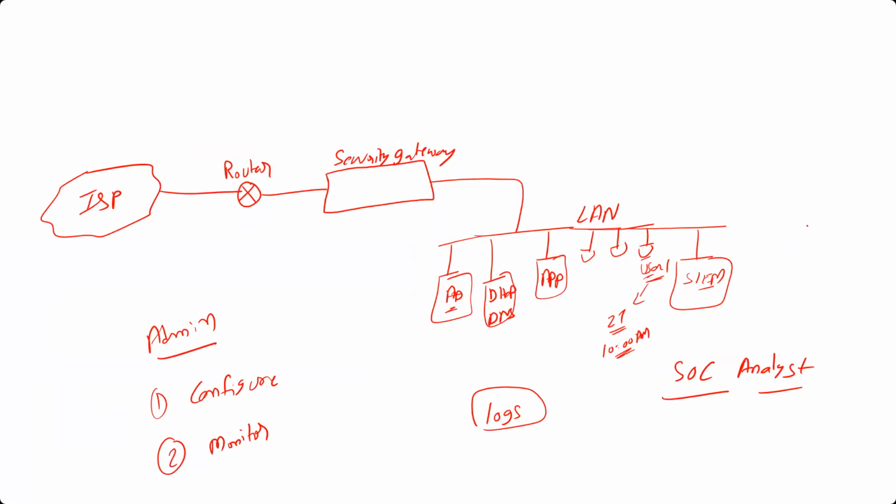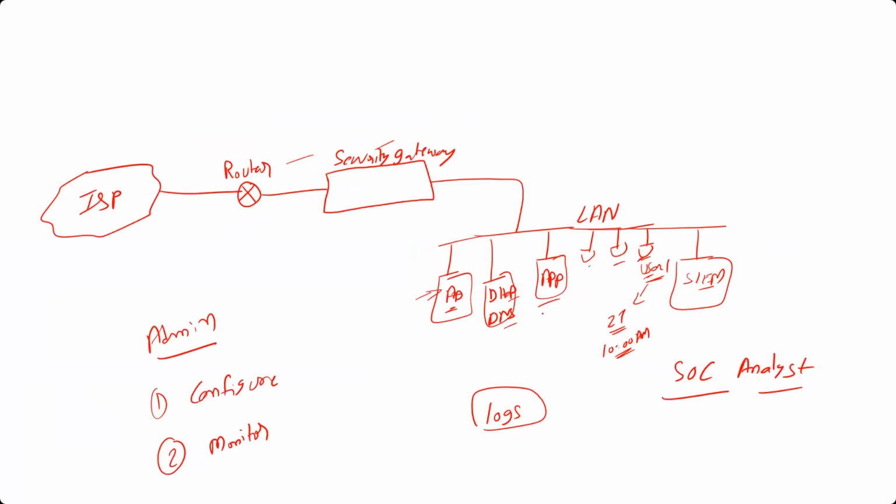So like this, the SIEM solution will collect log messages from all our resources, from our security gateways, from the routers, from the Active Directory, from the DHCP, DNS, our application servers, the operating systems installed on all the user computers. If you also have some anti-malware applications, your anti-malware application will give a log message, right?